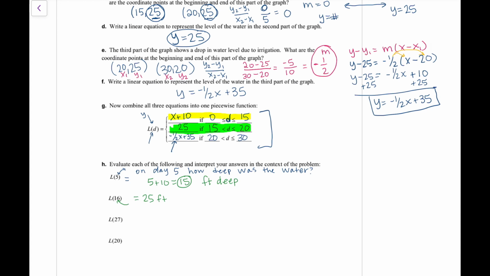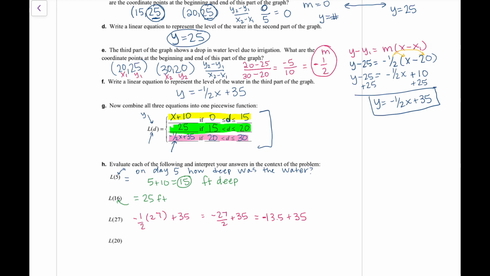On day 27, that is in between 20 and 30 days. We're going to use the equation negative 1/2 x plus 35. So I'm going to take negative 1/2 times 27 and add 35. So this is negative 27 over 2 plus 35. Take 27 and cut it in half.